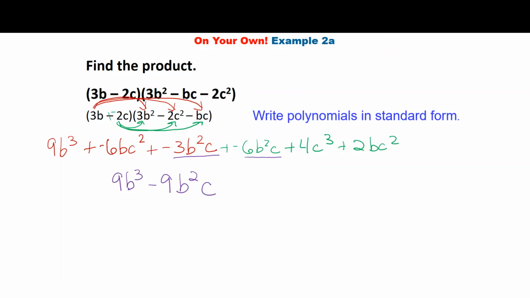Next, I'll gather up my negative 6bc squared, and here's a bc squared. So that's negative 6 plus positive 2, which is negative 4. Negative 4bc squared. And that leaves me with just my 4c cubed left, and that's our answer.